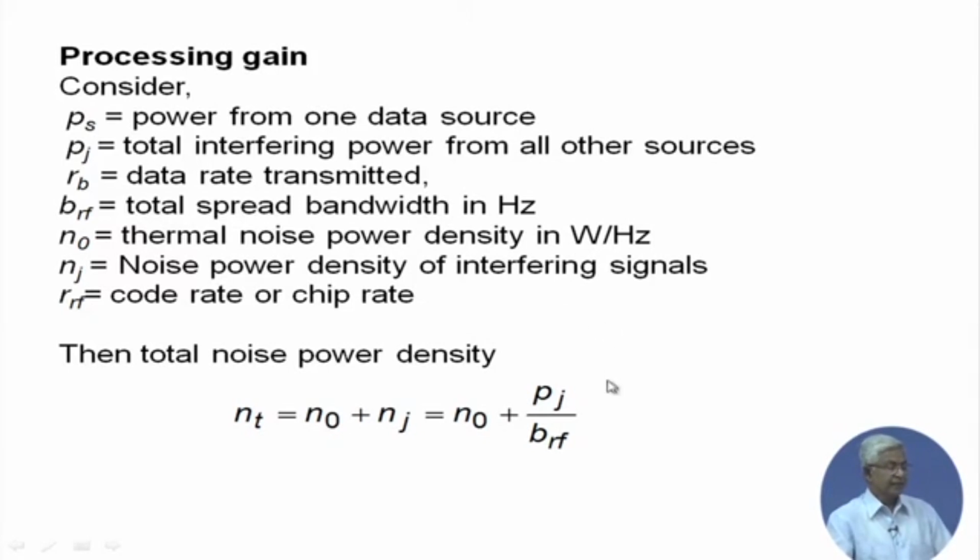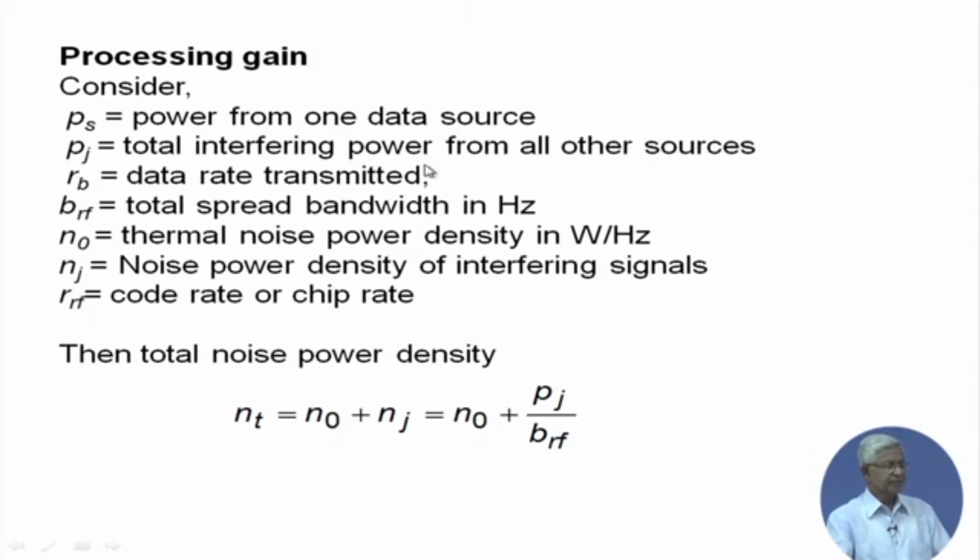Now, let us look at some of the quick properties of the CDMA. It's called processing gain. Let us try to calculate and try to show how this gain comes. There are a lot of small terms. You should know the nomenclature. Small Ps is power from one data source. Pj is total interfering power.